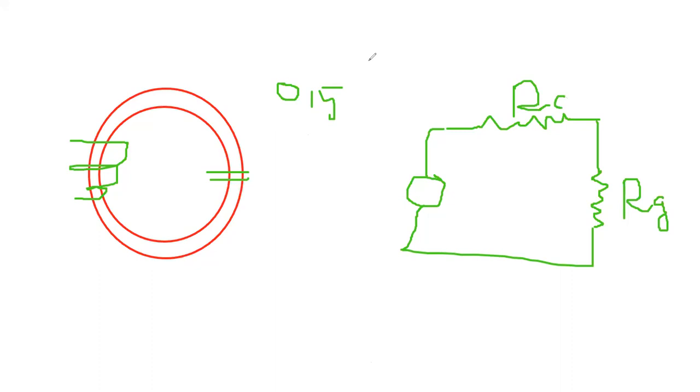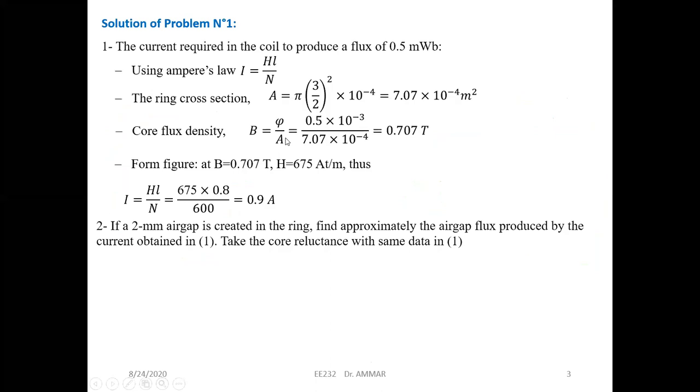Okay, so let's go back to the solution. If a 2 millimeter air gap is created in the ring, find approximately the air gap flux produced by the current obtained in one. Neglect the core reluctance. So we are going to take the same current as mentioned in the first question. Here we need to find the new reluctance of this air gap.